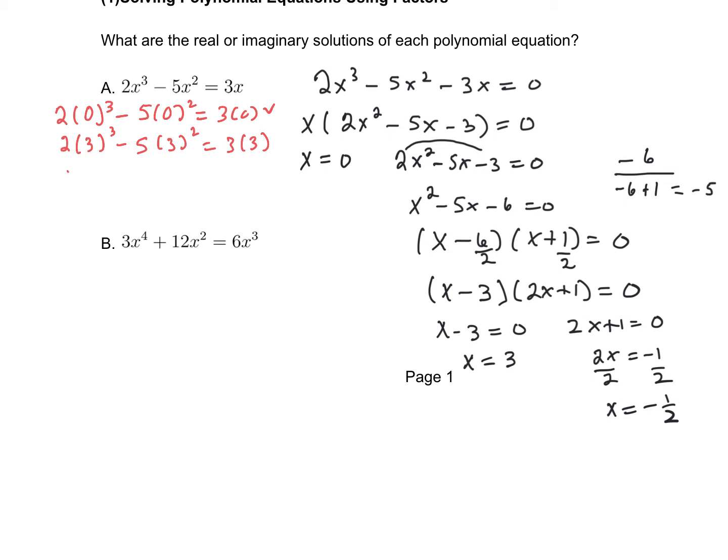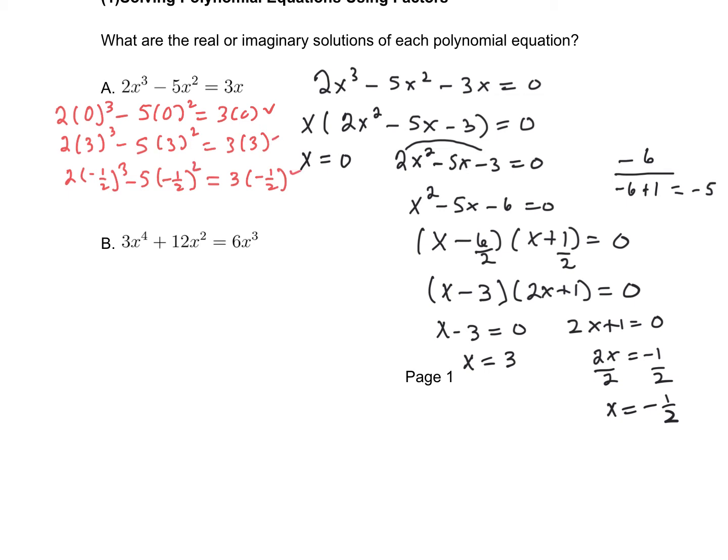And we also have to check 2 times negative 1/2 to the third minus 5 times negative 1/2, and check if it equals 3 times negative 1/2. I went ahead and checked, and it does work. Each of them does work.